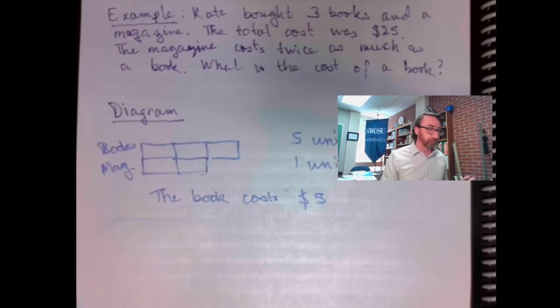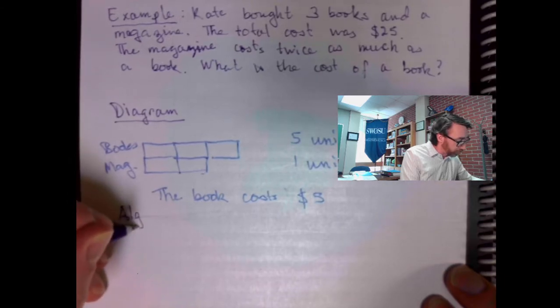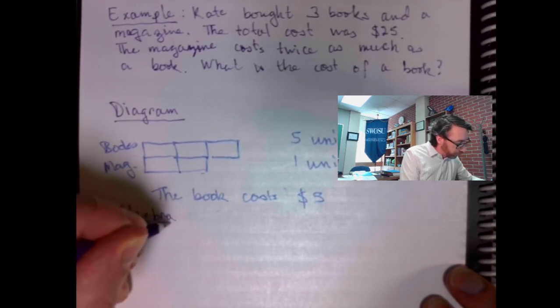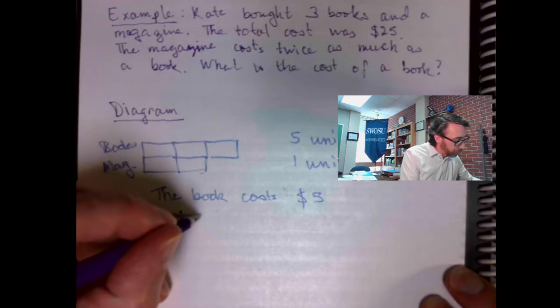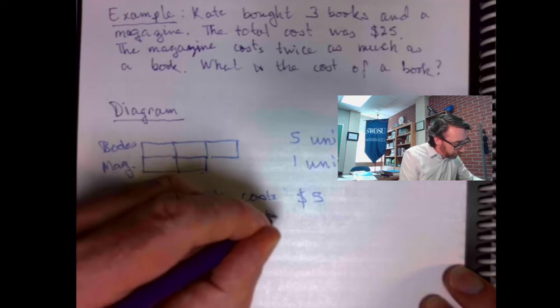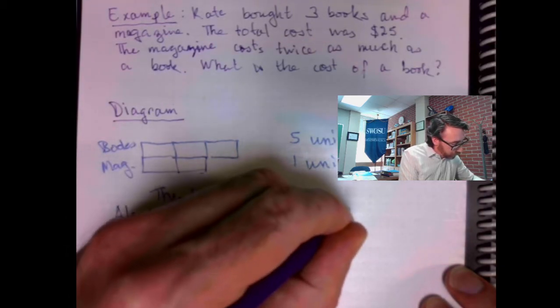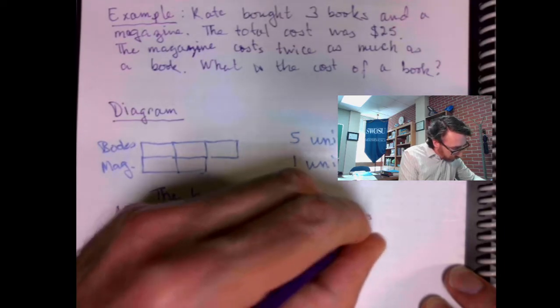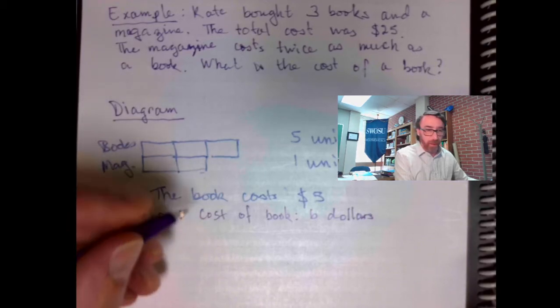So we could do the problem also using algebra. The cost of a book I'll represent by B dollars.